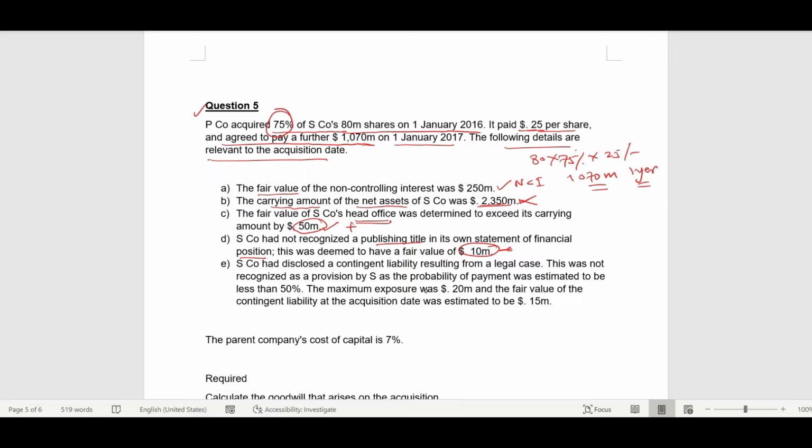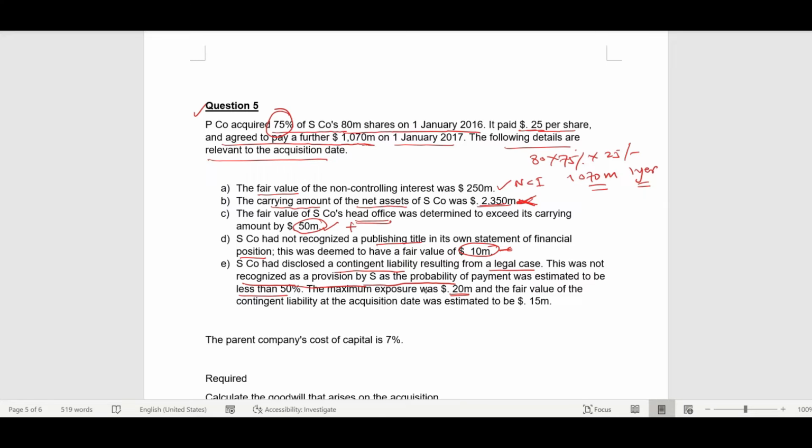S company had disclosed a contingent liability resulting from a legal case. This was not recognized as a provision by S as the probability of the payment was estimated to be less than 50%. So this carrying value doesn't include this contingent liability. The maximum exposure was 20 million.